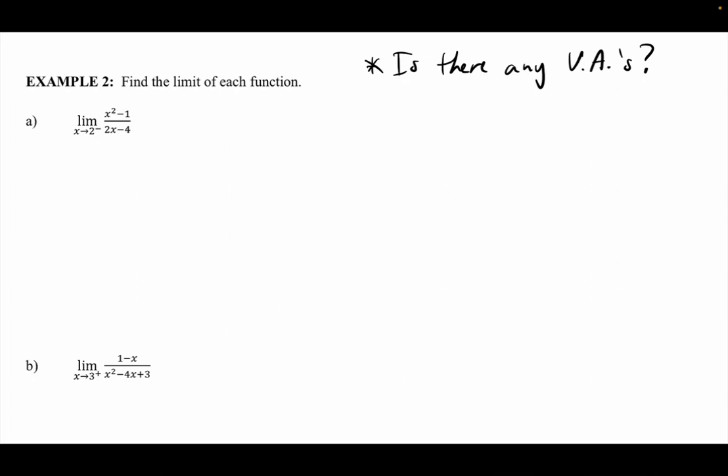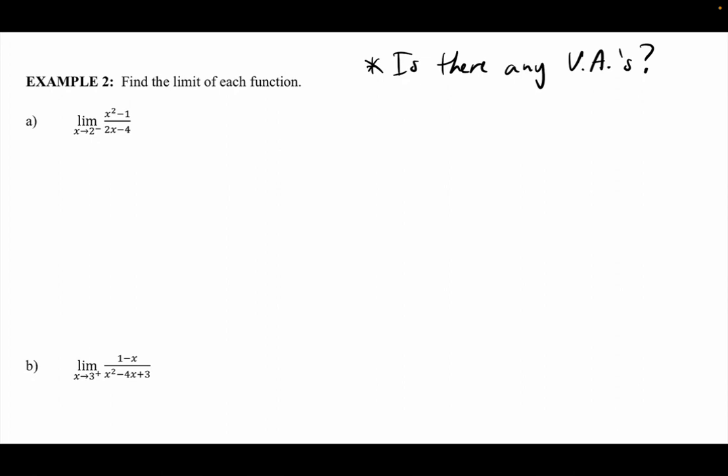It's coming from the left. When you're looking at one of these from the left or from the right, always first check to see if there's a vertical asymptote anywhere. That's the first thing to check. If there isn't, or if the vertical asymptote is at 1 or something other than 2, don't worry about it. Plug in 2 and you're done.